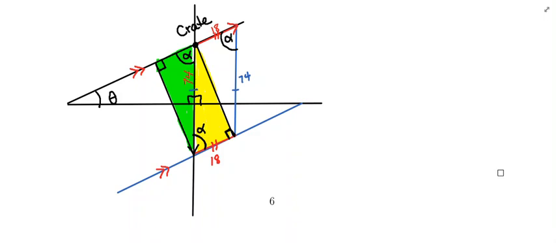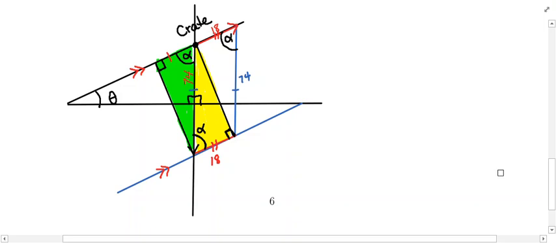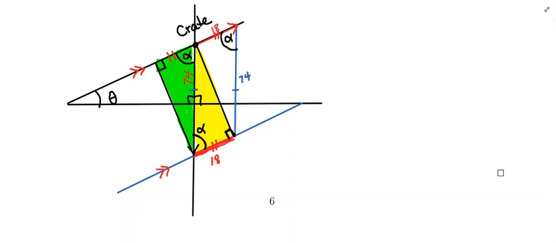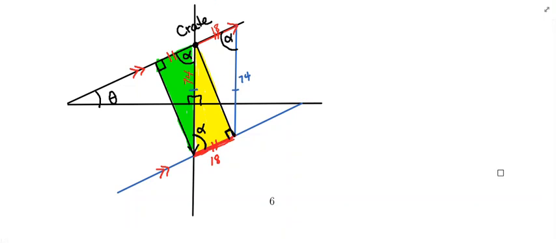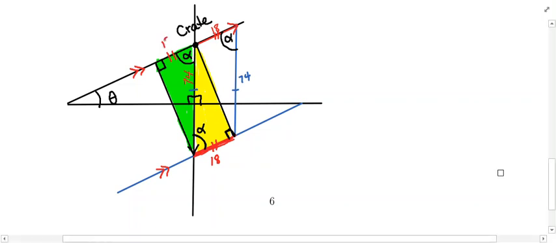Notice this side is equal to this side, which is 18. The length of this side right here is 18, because the way I drew this new rectangle, I drew straight down from here to here. So this side is 18, so that tells you that this side has to be 18.